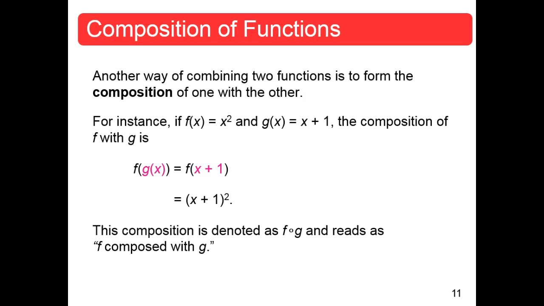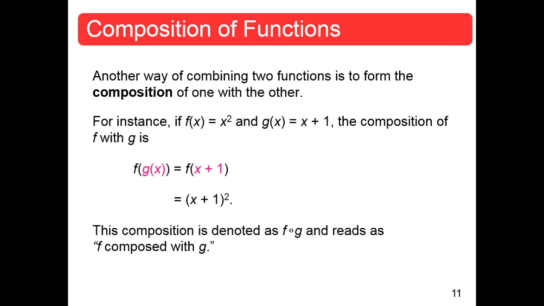Another way of combining 2 functions is to form the composition of one with the other. For instance, if f of x is x squared and g of x is x plus 1, then the composition of f with g is f composed with g of x. We have a symbol for it, and we're going to get to it in a minute.